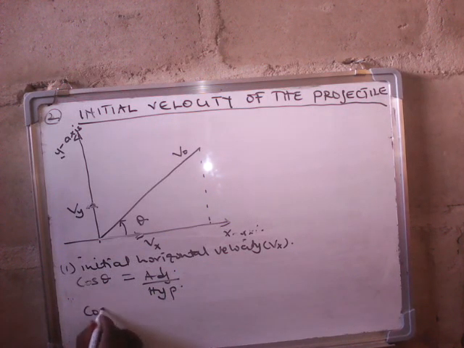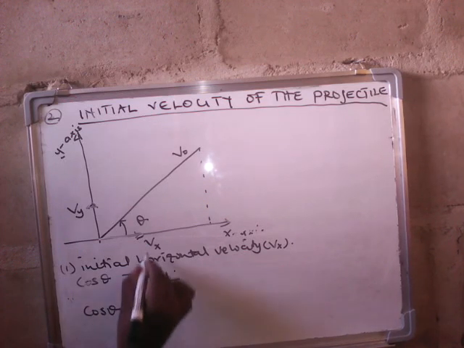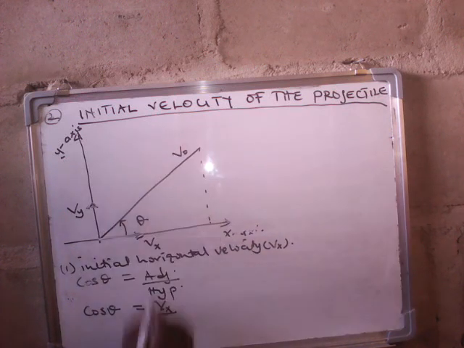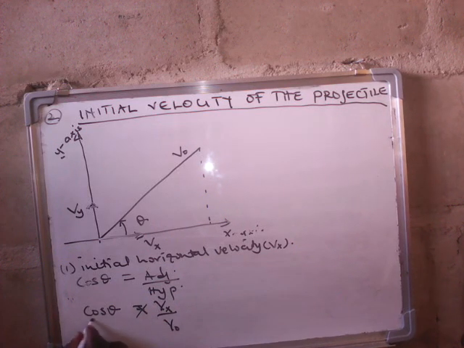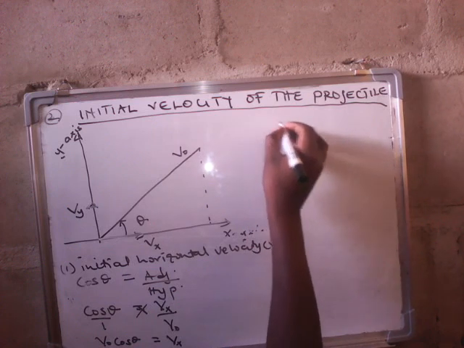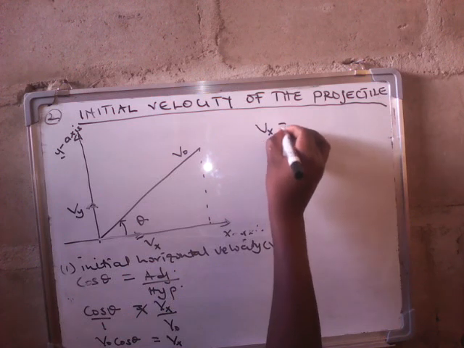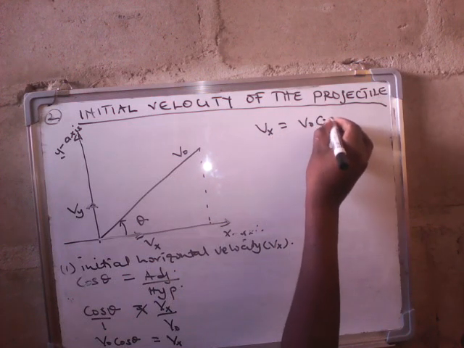For this case, cos theta equals adjacent, our Vx, over hypotenuse, v naught. Then if you cross multiply, this is over 1, this goes with that, we get v naught cos theta equals 1 times Vx, we get Vx. Therefore, we conclude that the horizontal initial velocity, which is our Vx, is equal to v naught cos theta.